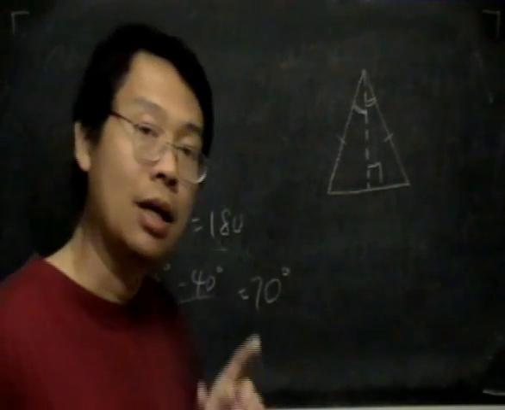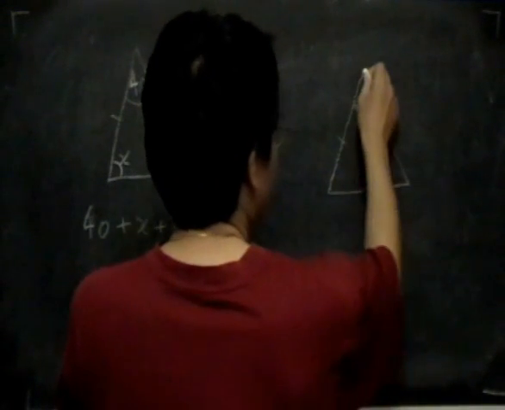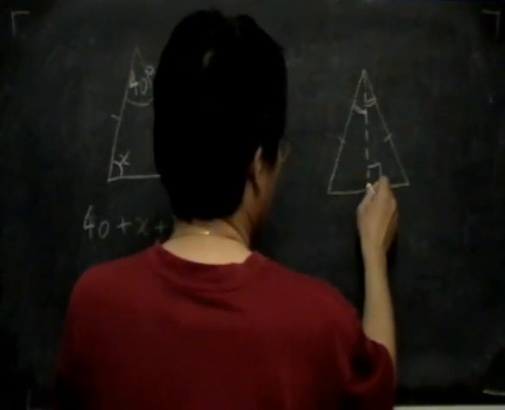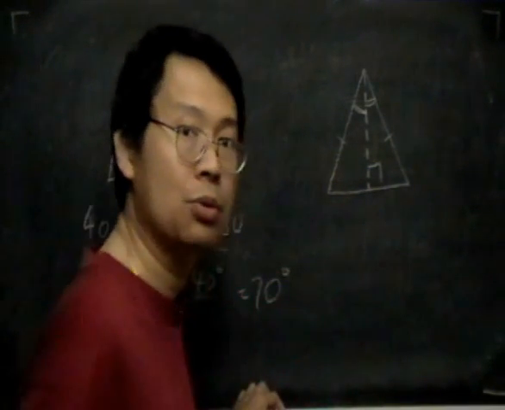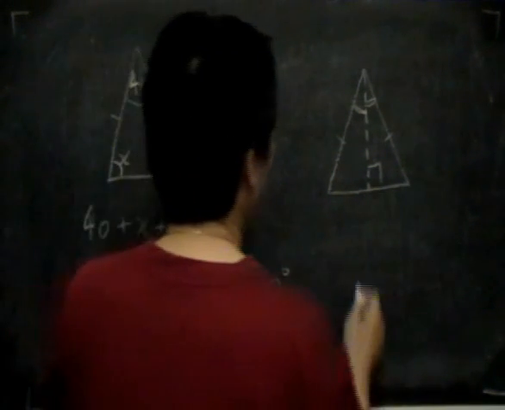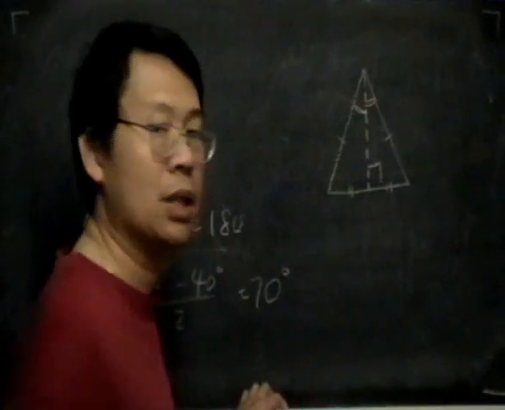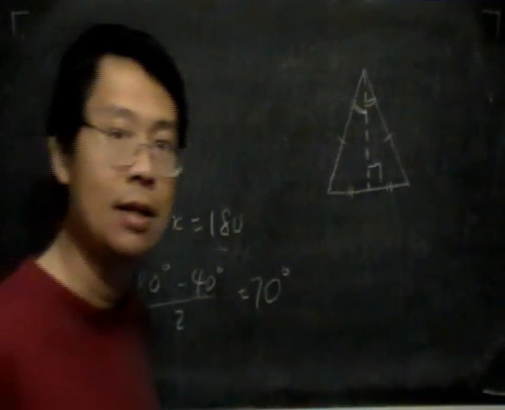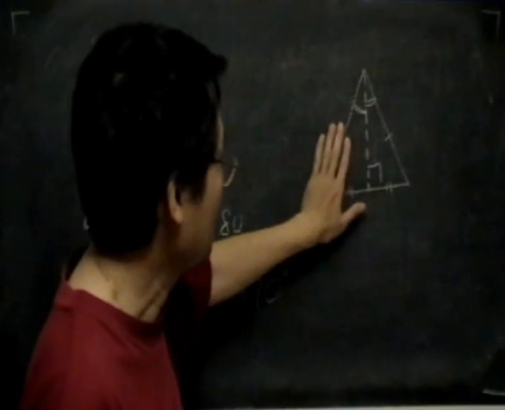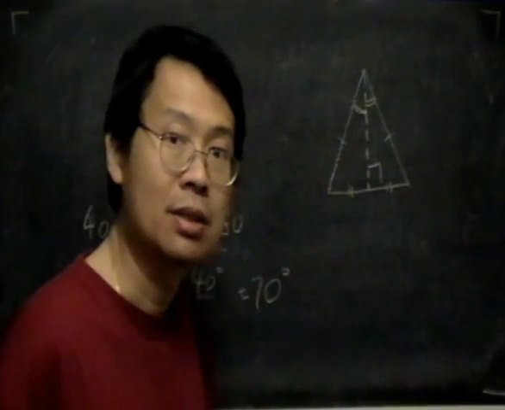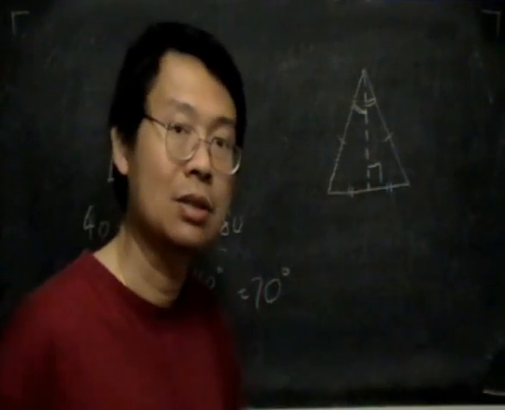Right? And for the same reason, when this line comes down and meets the base, it divides the base into two parts. And those two parts must be equal. Okay, the reason is again because this side must be symmetrical to that side. So therefore, this length must be equal to that length.